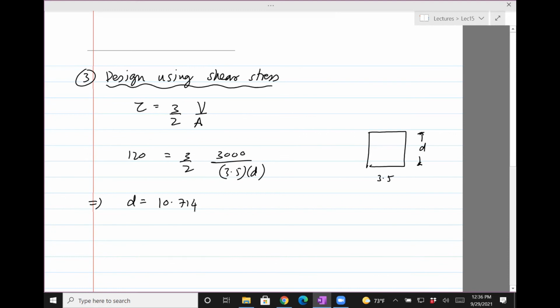So it's very interesting that the depth has increased.